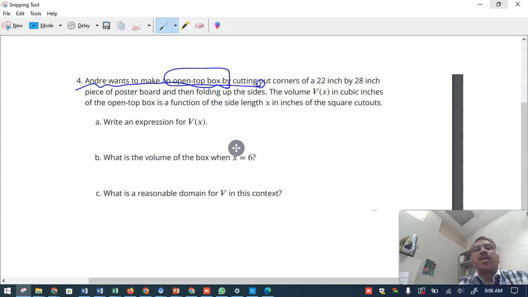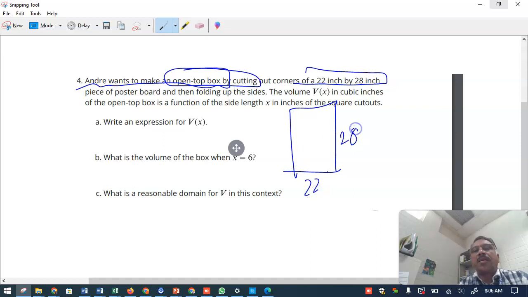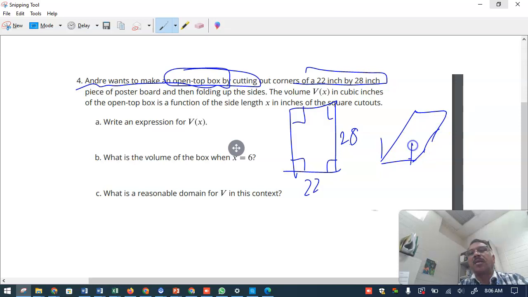You want to make an open box from a sheet with sides 22 and 28, and you want to cut off a square with side length x from the corners. That means you get a box something like this. So you are cutting off x here.